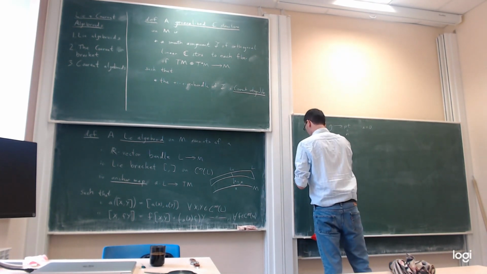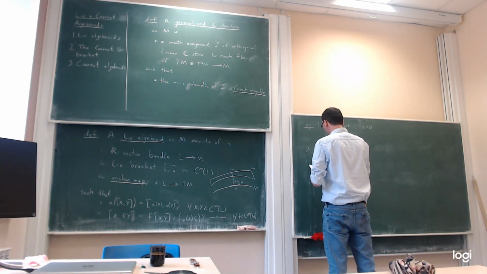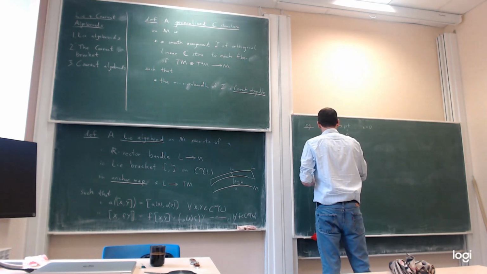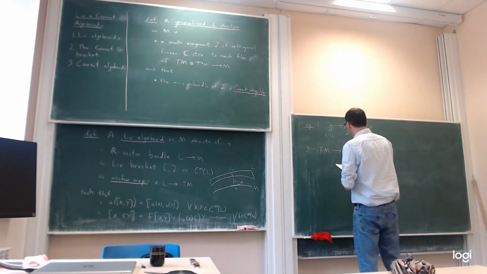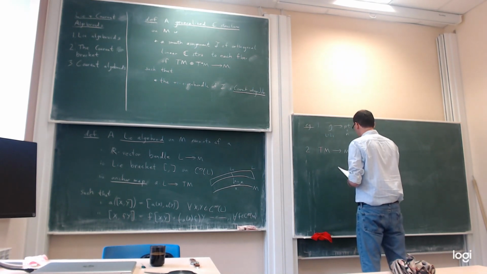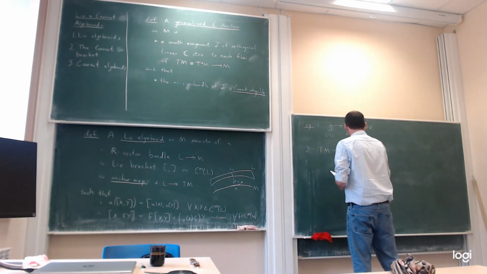Second, we can consider as a Lie algebroid the tangent bundle to M itself. In this setting, the anchor map is the identity.